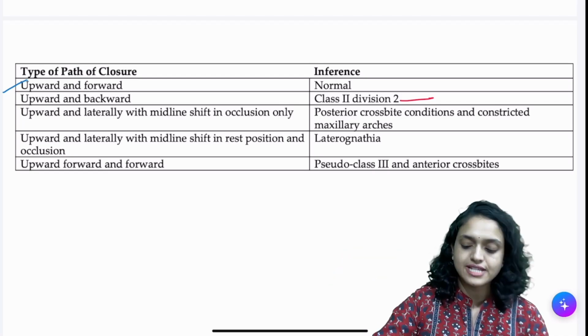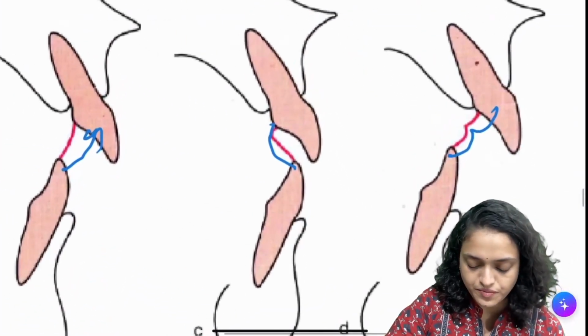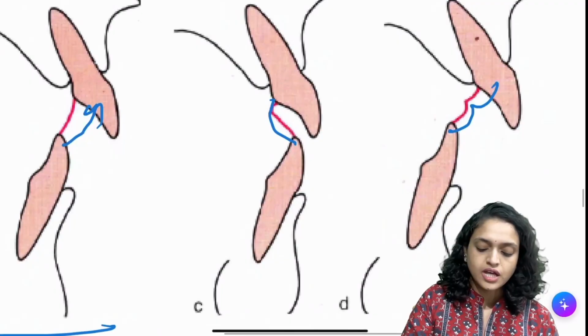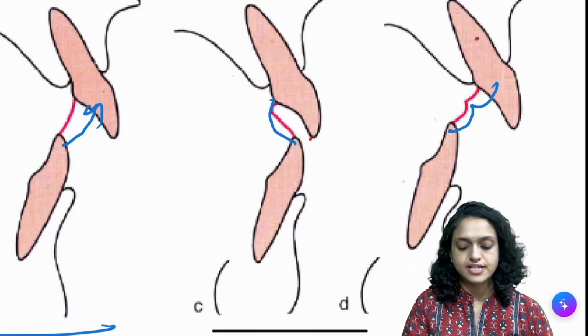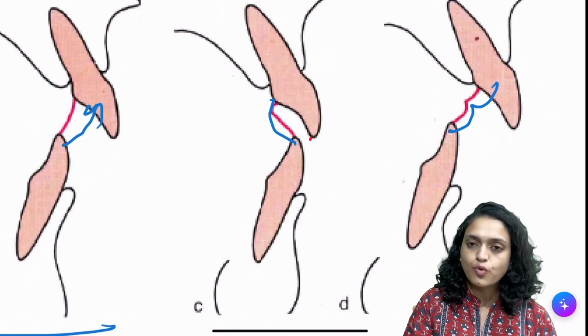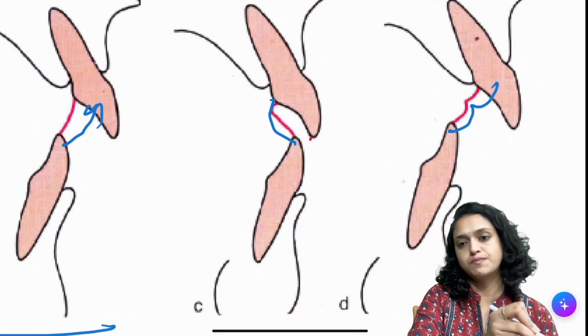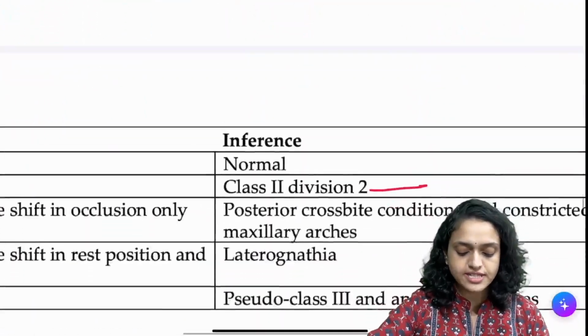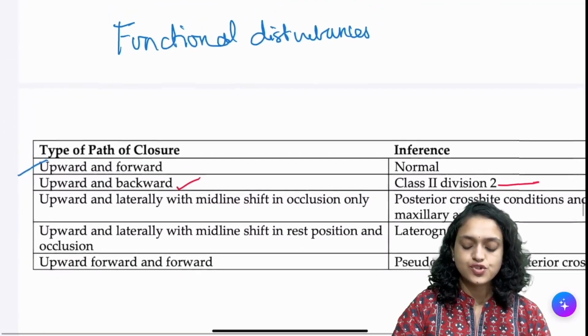So this is called an upward and backward path of closure. This can be seen in this image. Due to the retroclination of the incisor, the mandible, instead of going forward, goes upwards, hits the incisor and goes backwards. This is called an upward and backward path of closure. It is seen in class 2 division 2.